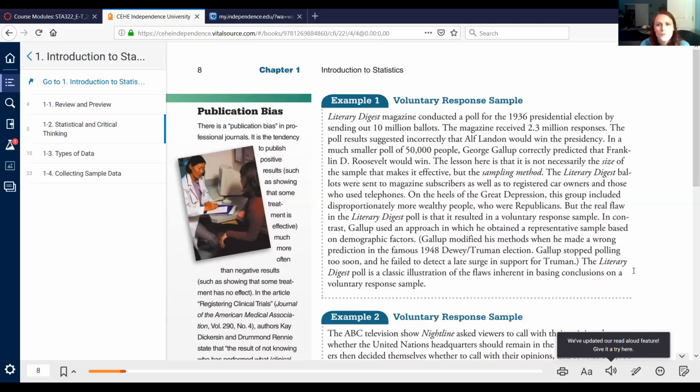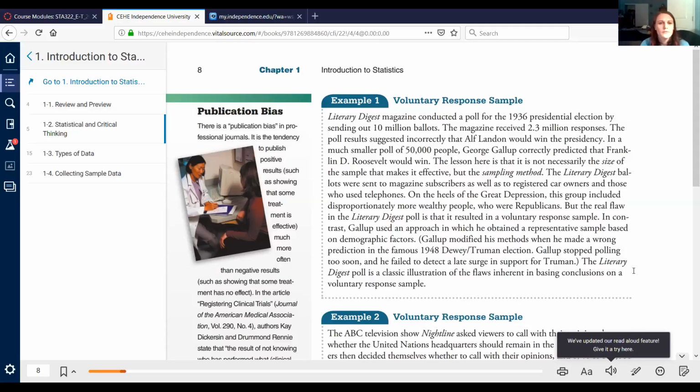Whereas Gallup went to a broader range of demographics. Certainly he had some people in there that were wealthy Republicans, but he also had laborers and people who did not have money, who tended to be more aligned with the Democratic Party.